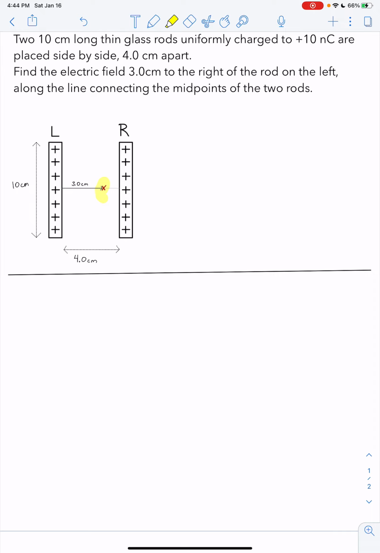Notice that it is 3 centimeters from the left rod and thus 1 centimeter from the right. So the overall electric field is going to be the sum of the electric fields created by both rods.